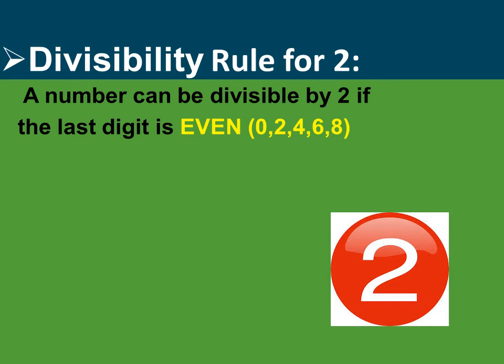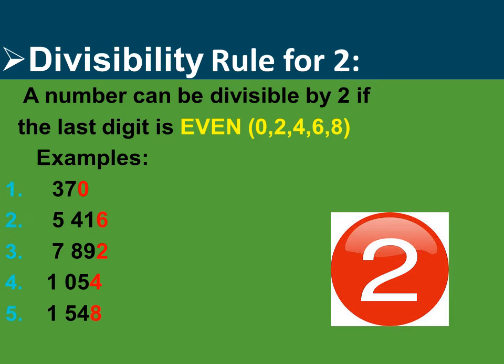Divisibility rule for 2. A number is divisible by 2 if the last digit is even. Even means if we have 0, 2, 4, 6, 8 at the last digit, then the whole number will be divisible by 2. Dear students, now look at these examples. In example 1, we have 0. In example 2, we have 6.